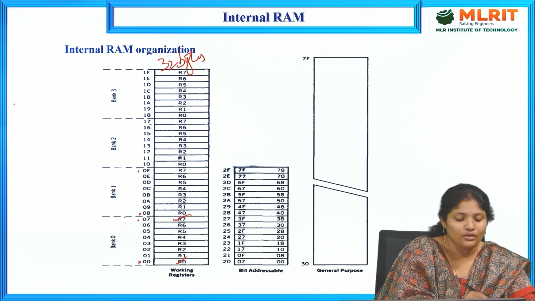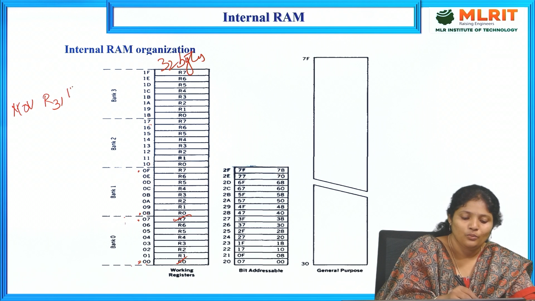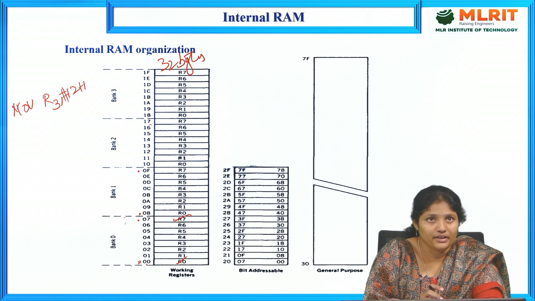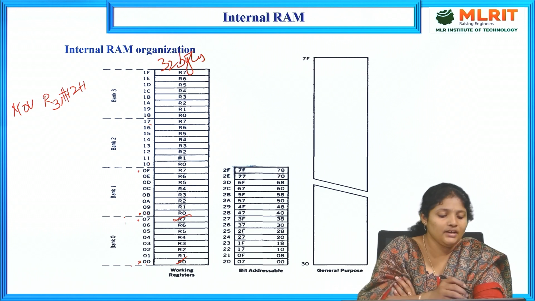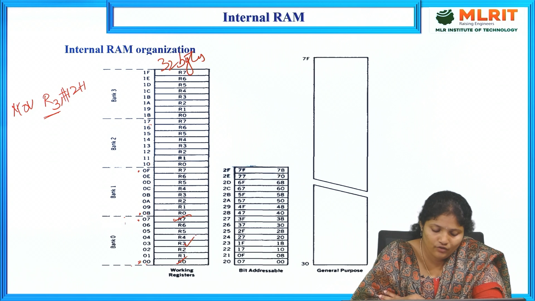Suppose I want to write MOV R3, #12H. In microcontrollers, we use the hash symbol to represent raw, direct data. Here, R3 represents R3 of bank 0.